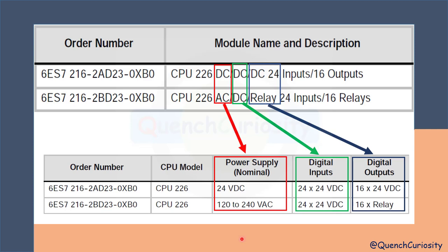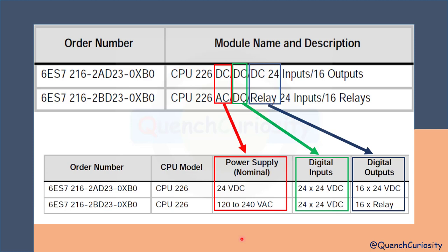As per the CPU module, now we know that there are generally three types: DC, DC, DC; DC, DC, relay; AC, DC, relay. When it is of type DC, it simply means the type of power supply which is needed for my CPU. If it is DC, it is going to require 24 volts DC.